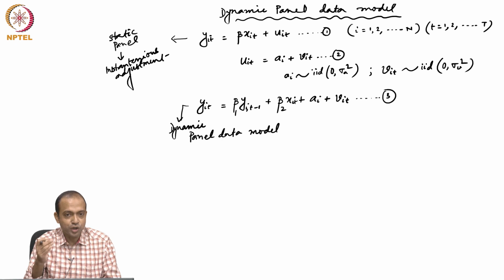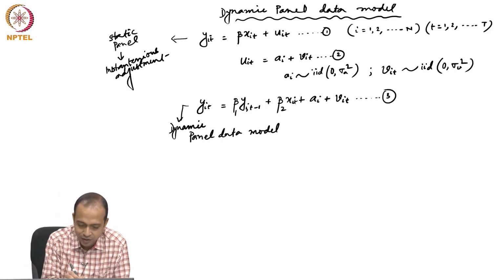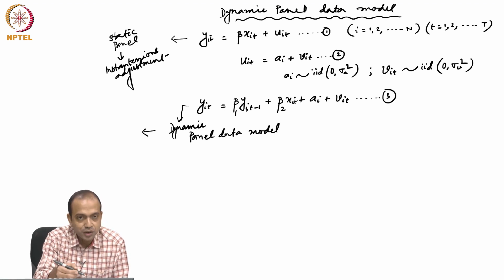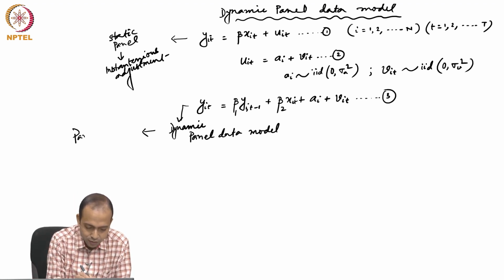That is why this model becomes a partial adjustment model or dynamic panel data model, contrasting with the previous one, which was instantaneous adjustment.